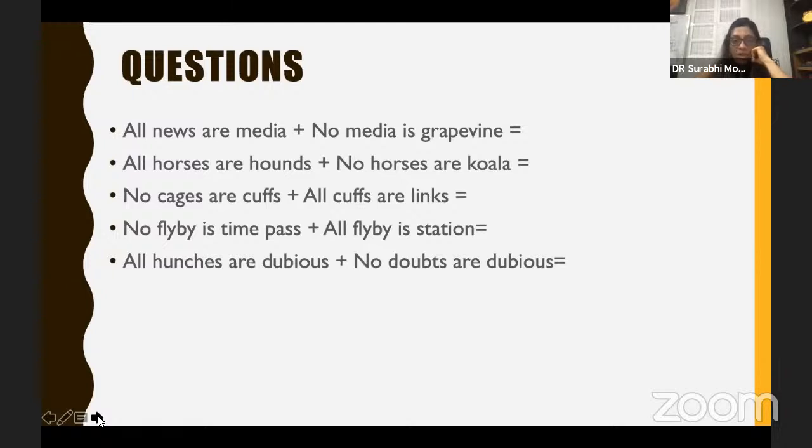So I'll give you 2 minutes to solve these questions. All you have to do is look at the middle term and the all statement. So take 2 minutes and solve this.